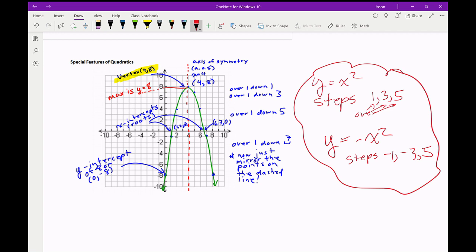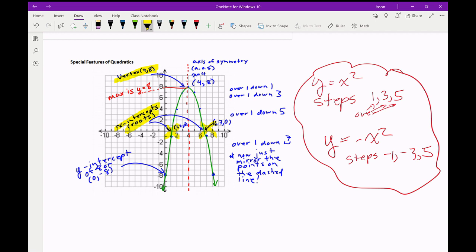We're going to use Desmos to create most of our graphs. The other thing that I want you to recognize is the x-intercepts. The x-intercepts are these highlighted yellow points. That's where they cross the x-axis. They are also known as roots.